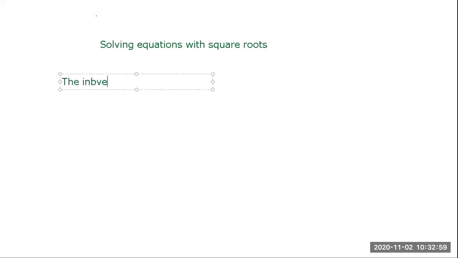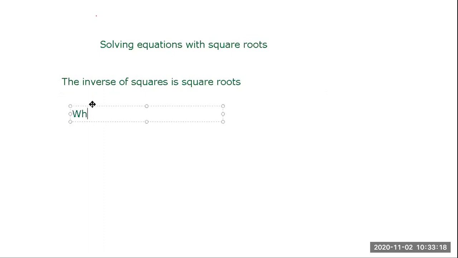The inverse of squares is square roots. Now I'm asking you, what is the inverse of square roots?